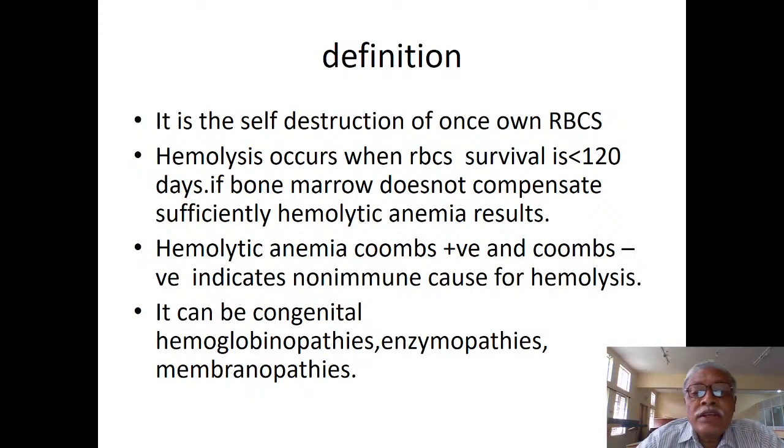The hemolytic anemia will have a Coombs positive and Coombs negative type. Coombs negativeness indicates a non-immune cause for hemolysis. Coombs positive indicates immune-mediated destruction of the RBCs.